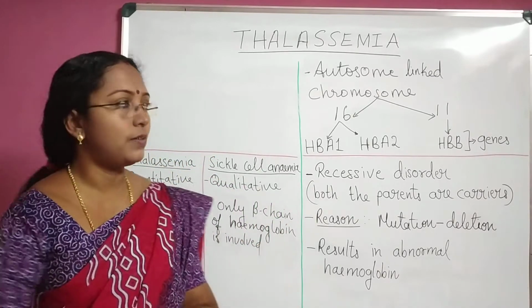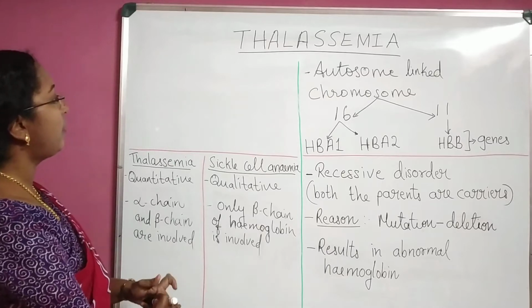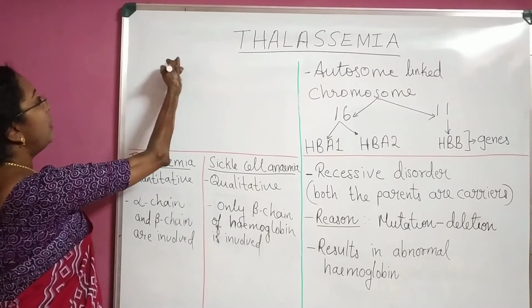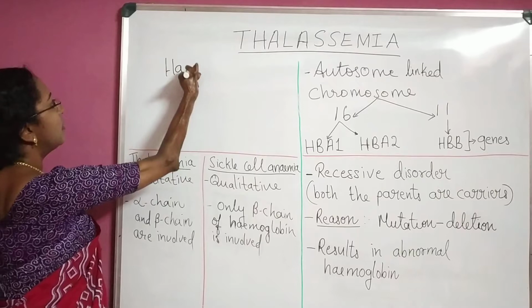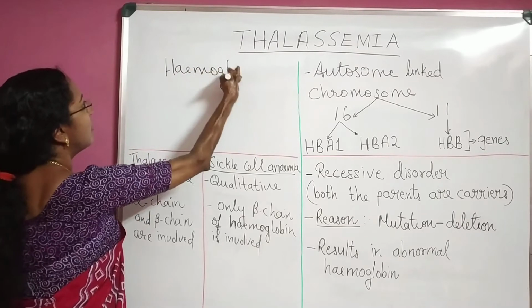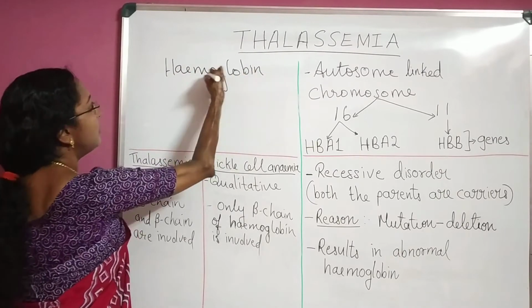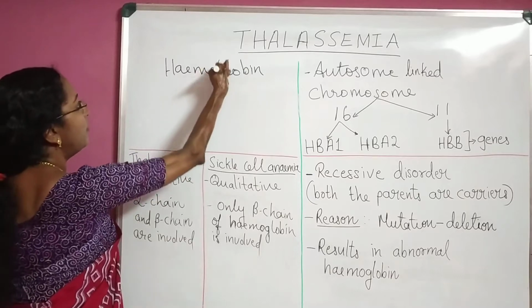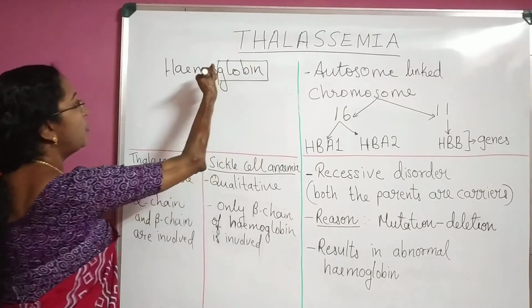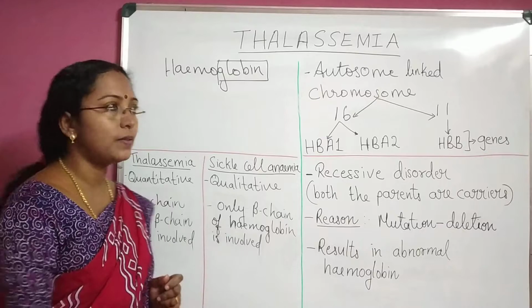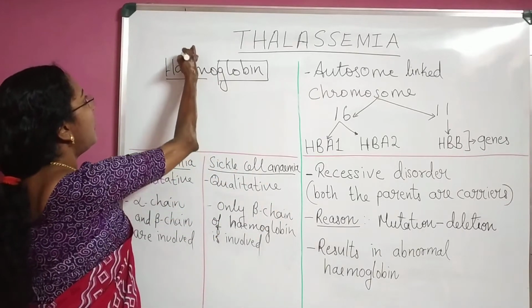Let me write here. We have in our red blood cell hemoglobin, and this hemoglobin has a protein part, and that protein part is called globin. What is heme? This is the iron part.